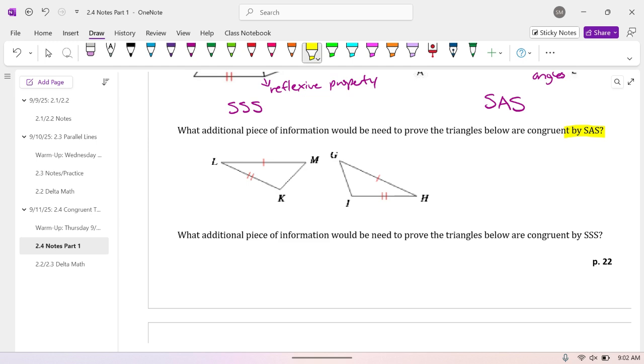Right, we have to show that angle L is congruent to angle H, because those would be our two angles between our two congruent sides. So we would have to show that angle L is congruent to angle H. That's what we would need to prove.